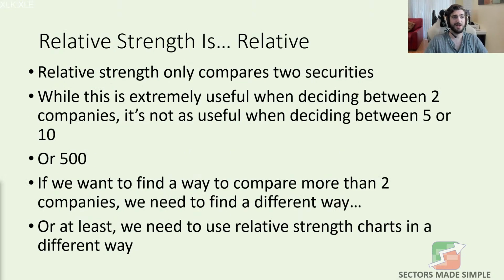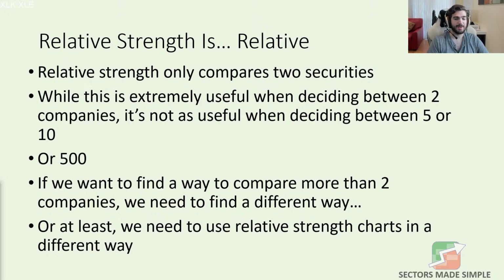Because relative strength is relative. It has to compare to something. So what you'll end up getting is a very good way to tell the difference between stock A and stock B. But it's not very useful if you want to start adding more, for example, 5 or 10 or 500 different companies.